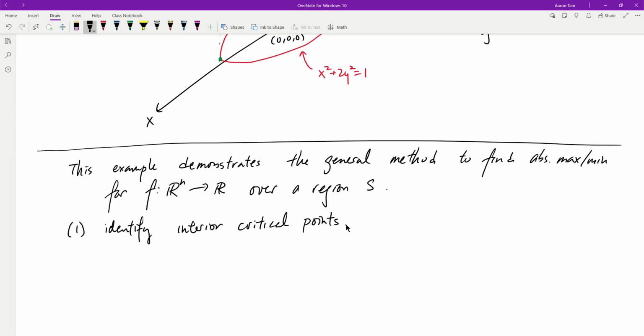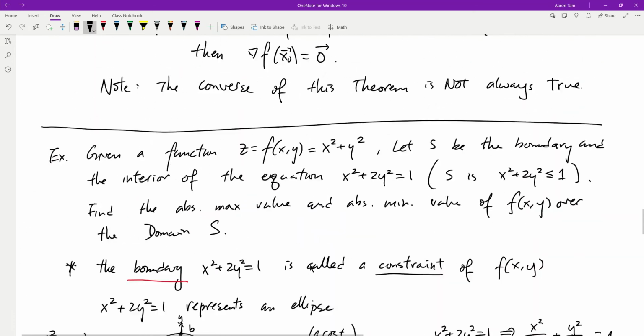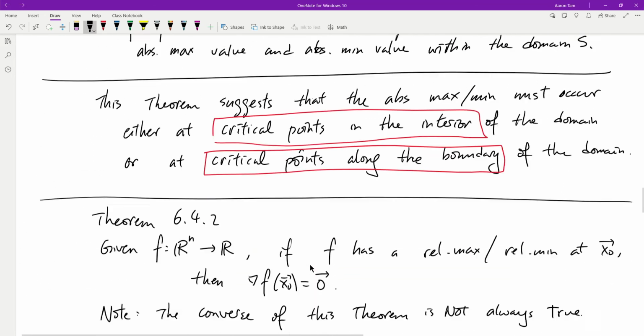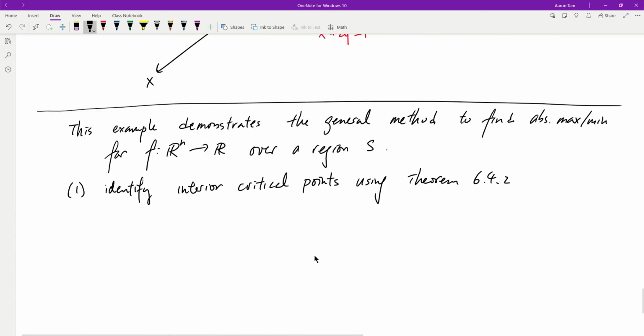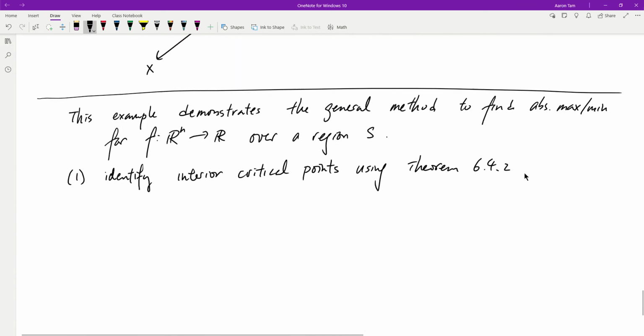So how do you actually identify interior critical points? Well, we'll be using theorem 6.4.2, if I remember correctly. And what does that mean? Well, it simply means the gradient of f at x sub 0 equals the zero vector.